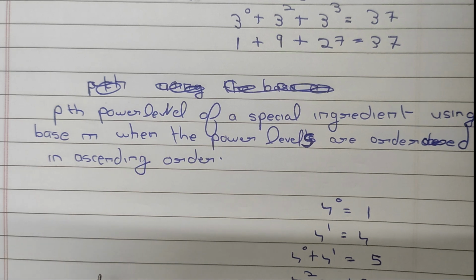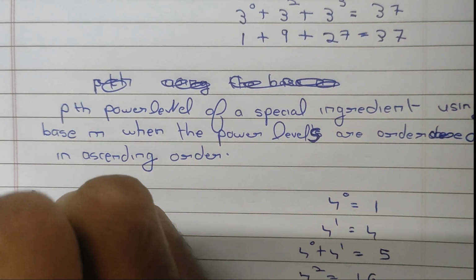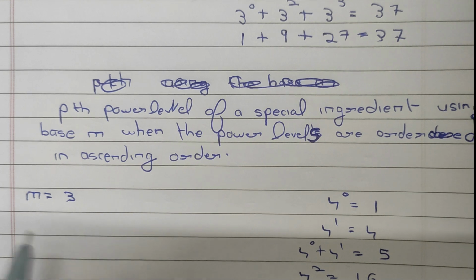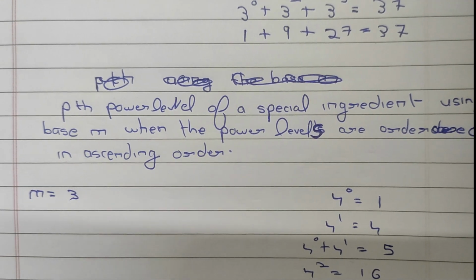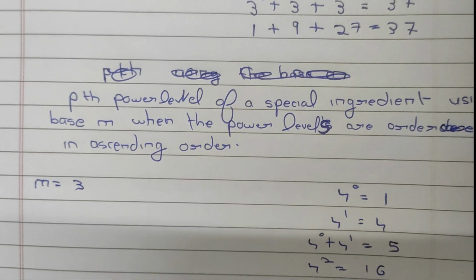For example, suppose the base m is equal to 3. The power levels ordered in ascending order are as follows.